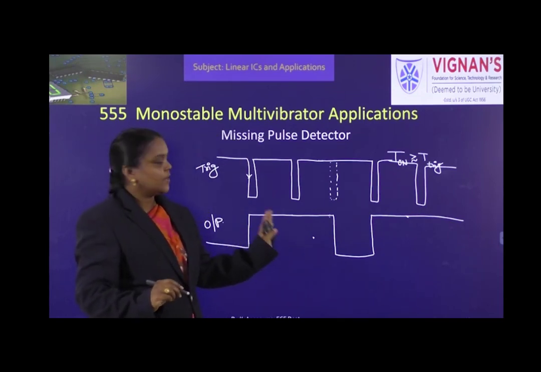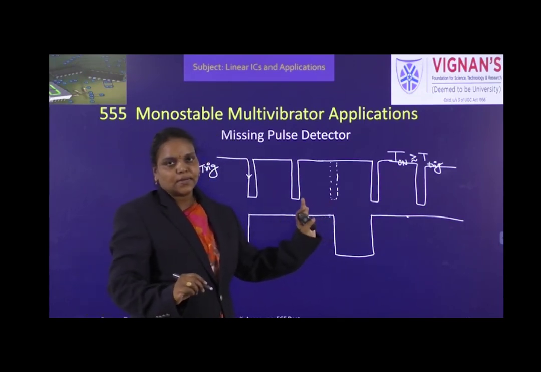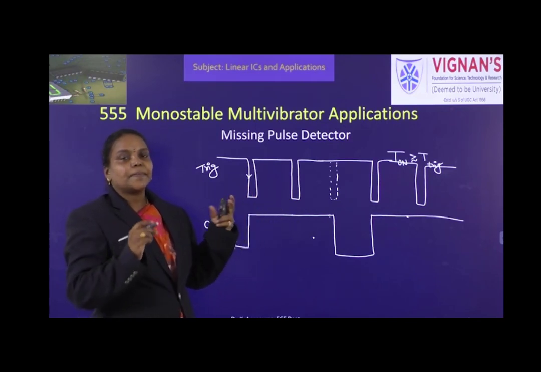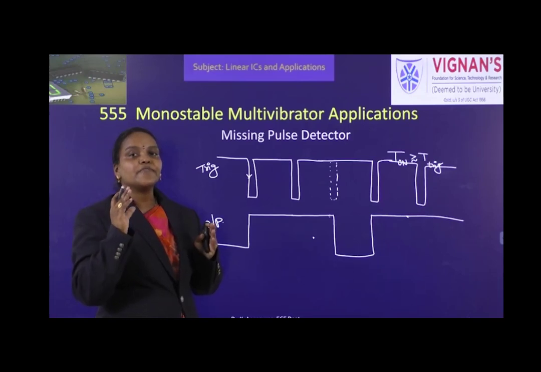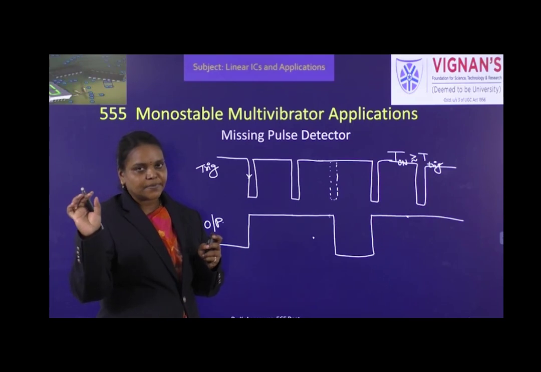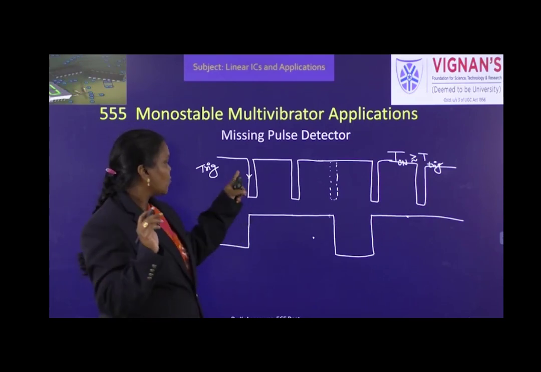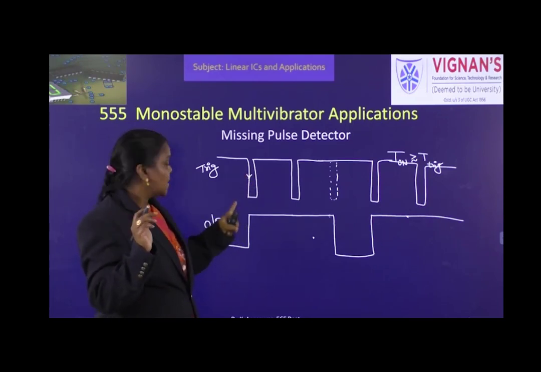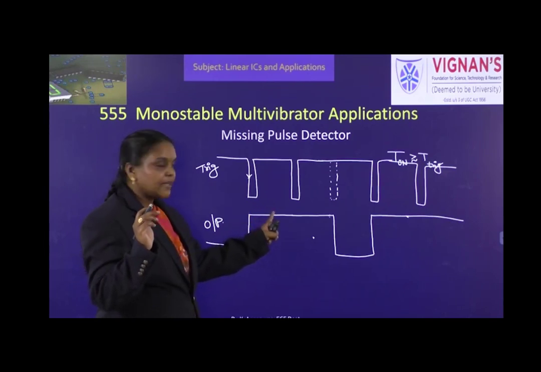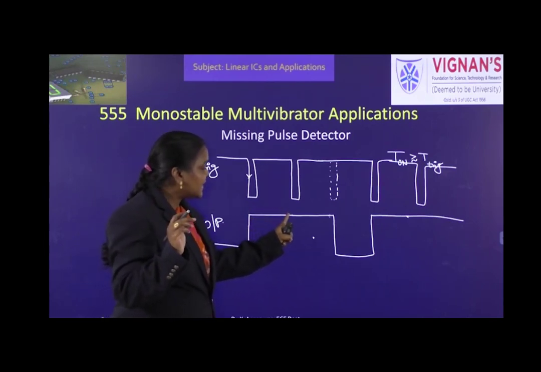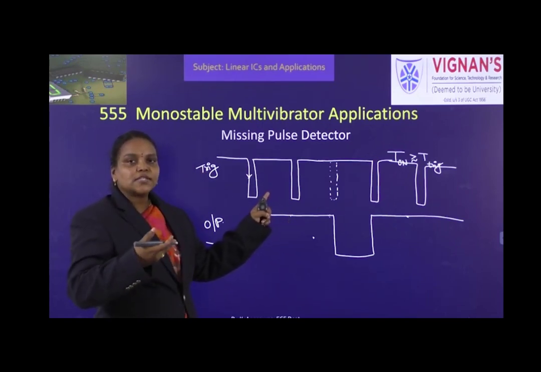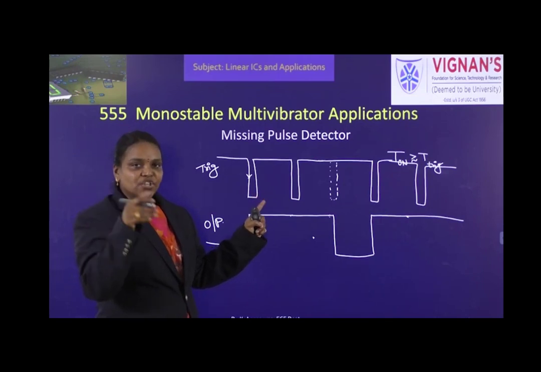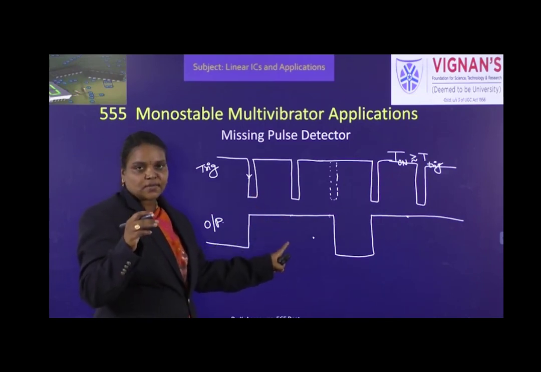Otherwise, it won't go low. It will be maintained at logic high. That is, the heart pulse should be given as the trigger pulse and the time period of the monostable multivibrator should be slightly greater than the trigger time period. Once it receives the first trigger pulse, the output goes high, and after completing its first time period, whenever it is about to go to logic low, it receives the next trigger pulse, so it won't go to logic low.